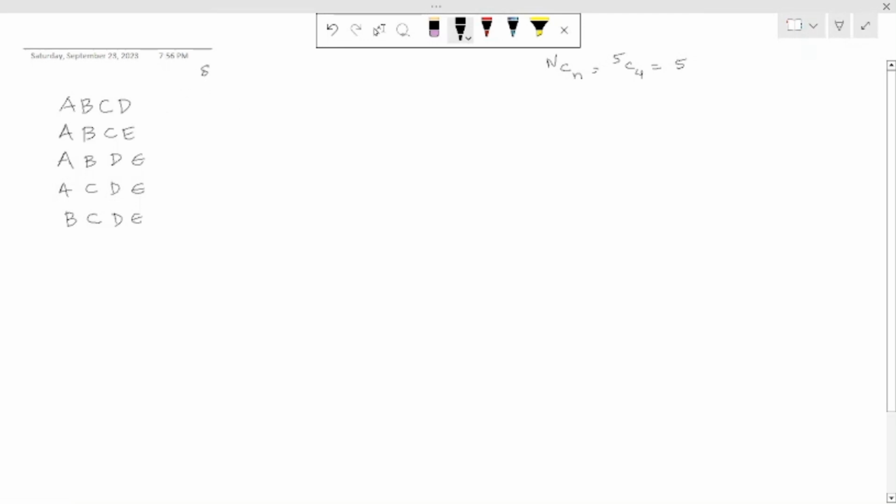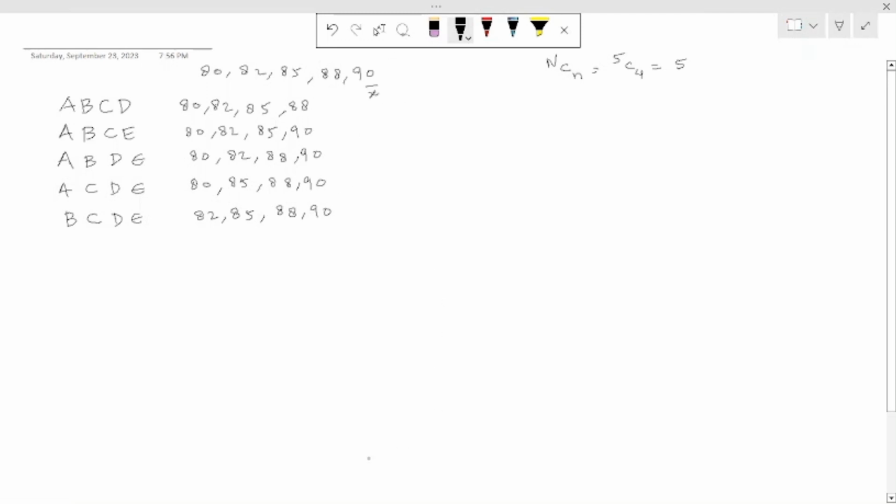So now considering the numbers again 80, 82, 85, 88, and 90, we can list the samples as 80, 82, 85, and 88 as the first sample, then 80, 82, 85, and 90 as the second sample, then 80, 82, 88, and 90 as the third sample, 80, 85, 88, and 90 as the fourth sample, and 82, 85, 88, and 90 as the last sample.